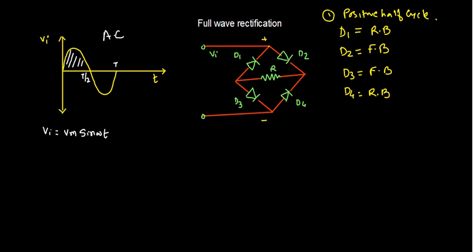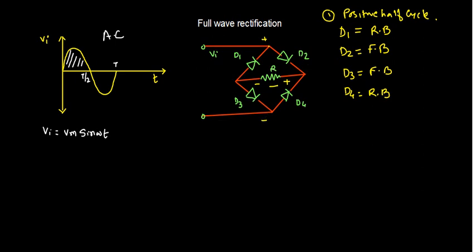So in the positive half cycle, the current will move in this way, and if I draw the whole path, this is the path of that current movement, and it will exit from here. Okay, so this is for the positive half cycle.